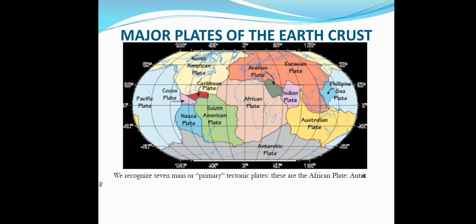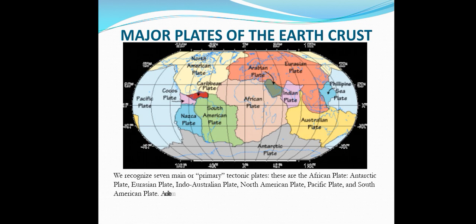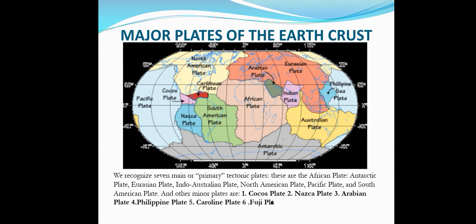These are the African plate, Antarctic plate, Eurasian plate, Indo-Australian plate, North American plate, Pacific plate, and South American plate. And other minor plates are the Caucasus plate, Nazca plate, Arabian plate, Philippines plate, Caroline plate, and Fiji plate. That should be remembered.